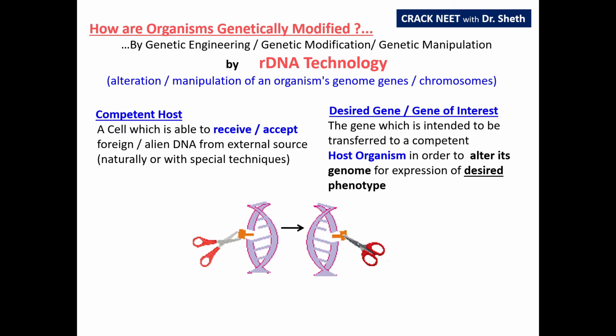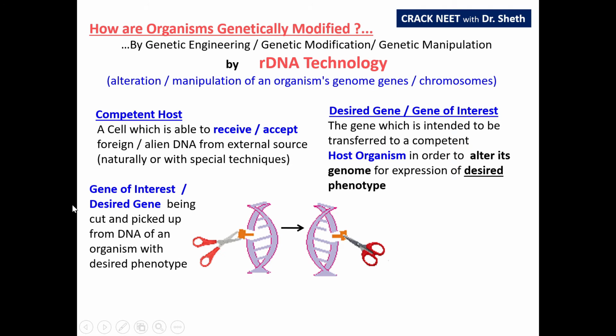For that, you will have to change its genes or its genome. What gene will you insert? The gene of interest, which will produce the protein of interest so that you get the desired phenotype. So that is the gene of interest or your desired gene.